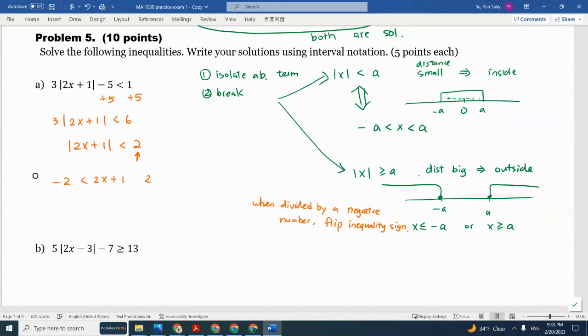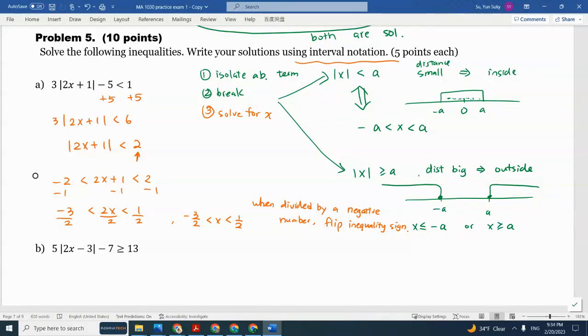So you get a compound inequality. Solve for x. We subtract 1 and get negative 3 less than 2x less than 1. Then divide by 2, which is a positive number, so it won't change the inequality. We get negative 3/2 less than x less than 1/2.